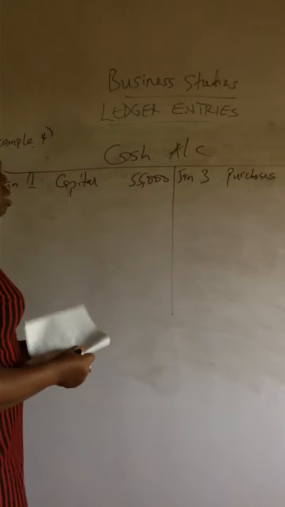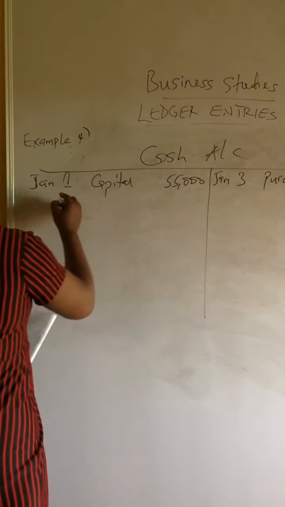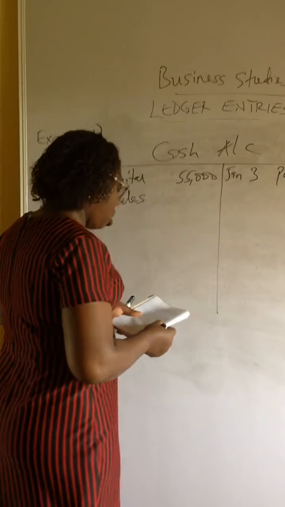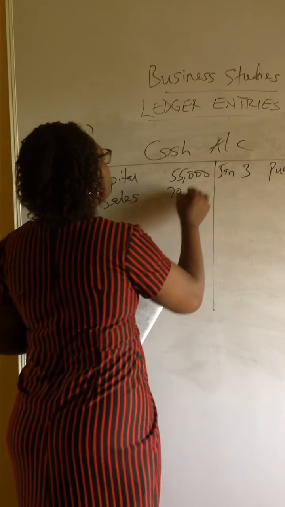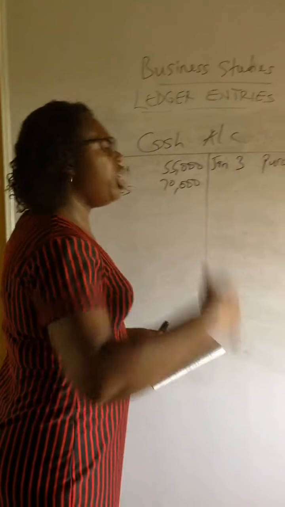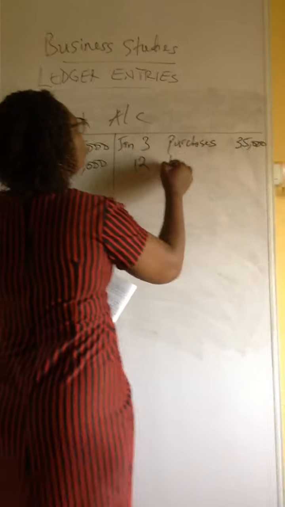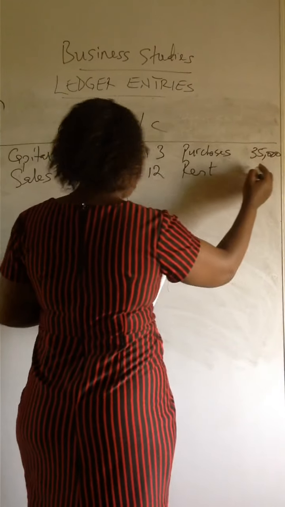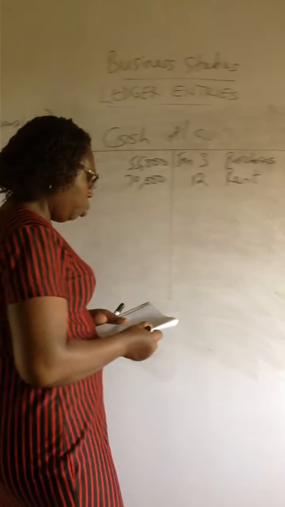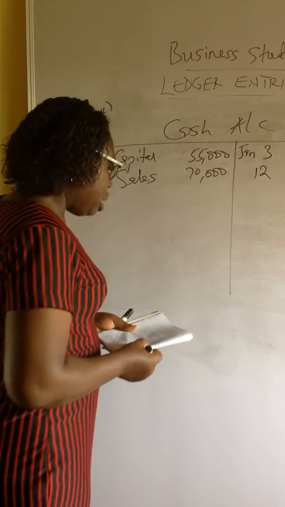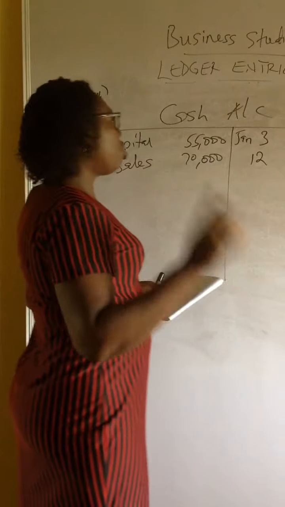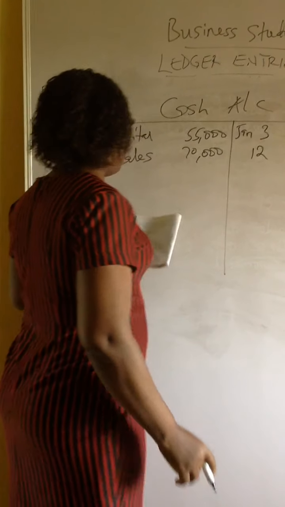On the 8th is cash sales, more money to the organization, so you debit it, and it is for 70,000 naira. On the 12th, you paid rent. You spent money, so it's to be credited, and that is for 8,000 naira. On the 19th, they sold to Bimbo. It's on credit, so it's not coming to this account.